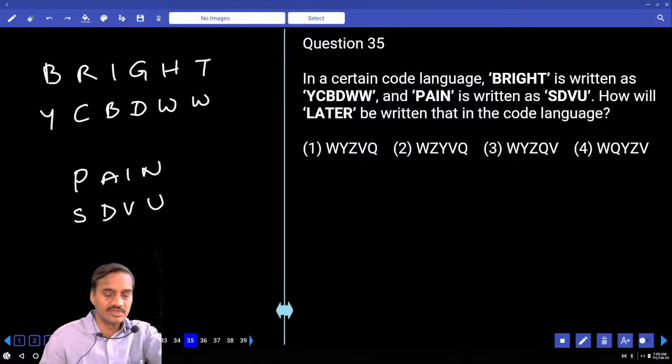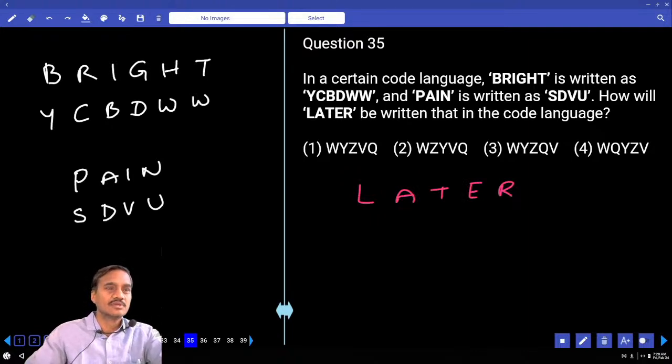And in the same way, what is the code to the word LATER? Any answer to this? Now in this one, B and Y are opposite, but P and S are not opposite, isn't it? Then B is 2, Y is 28 and 23.